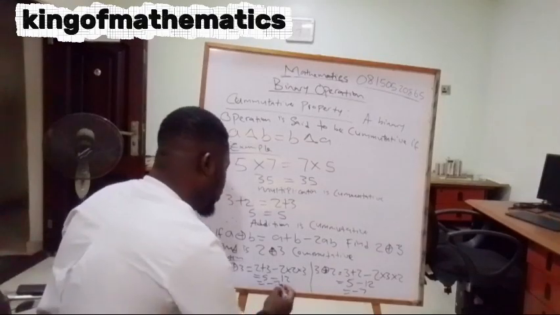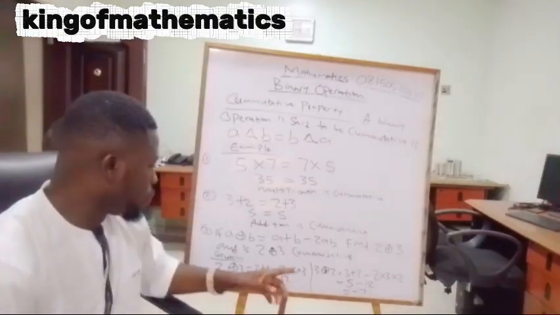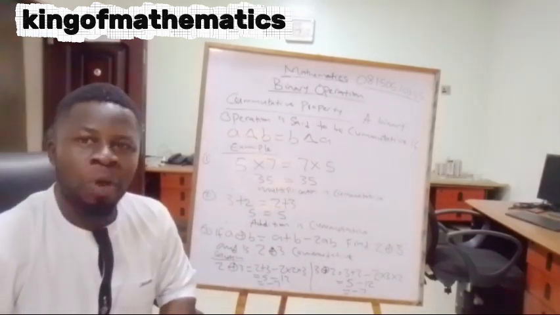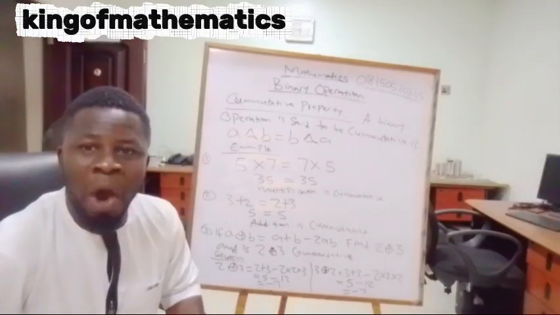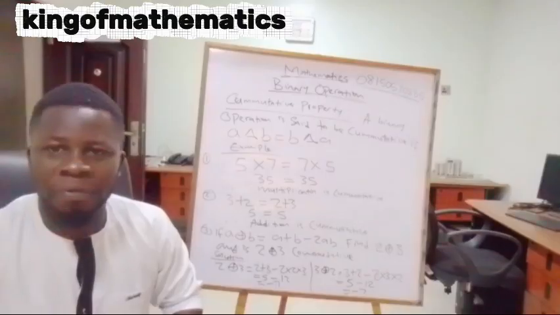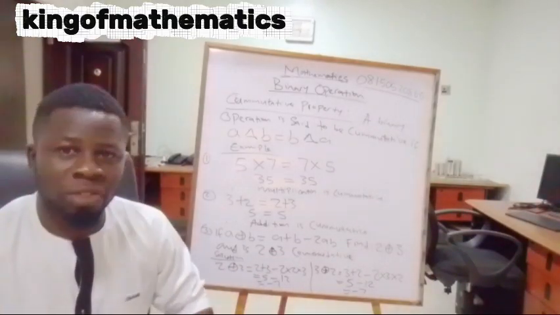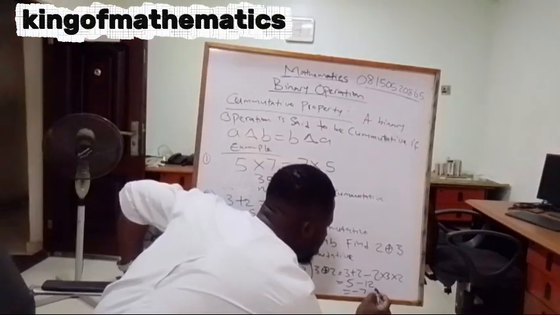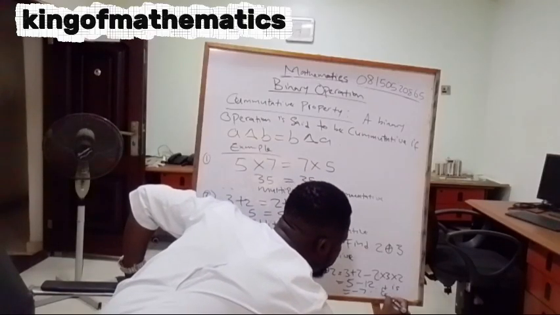So therefore, this one is commutative, because you are getting the same answer. Do you understand? That is how you solve this. So in the long run, by the time you want to conclude, you say therefore it is commutative.